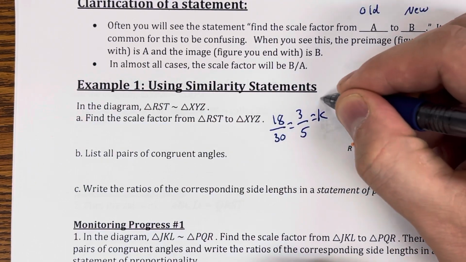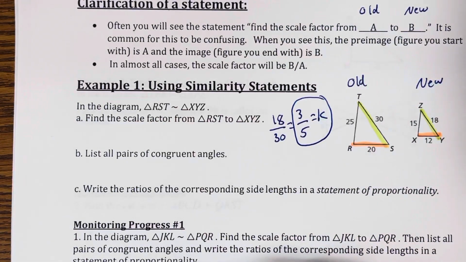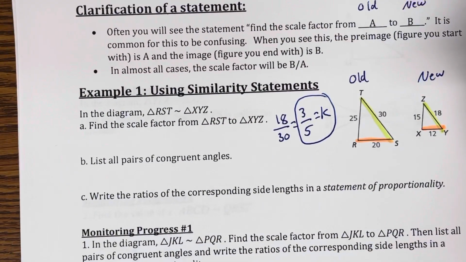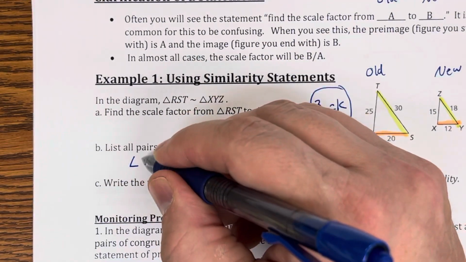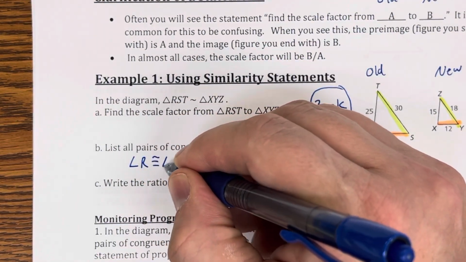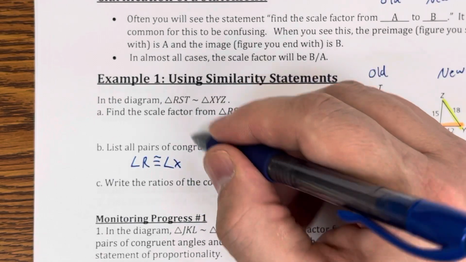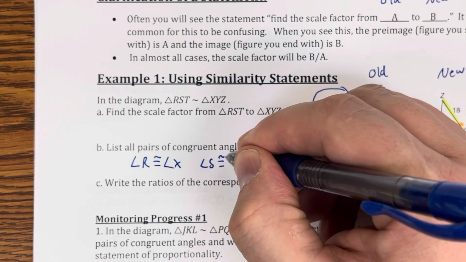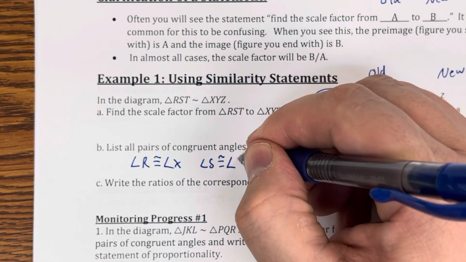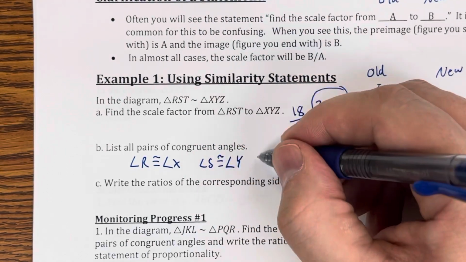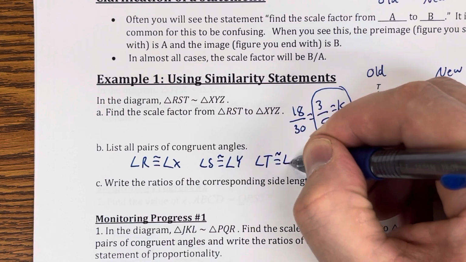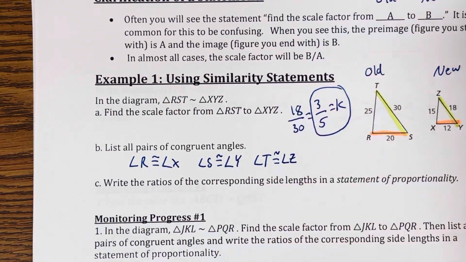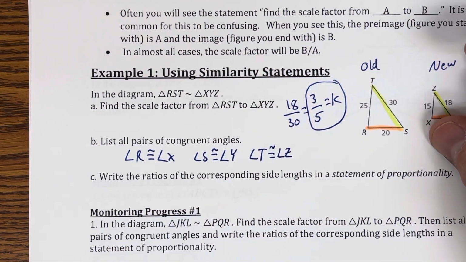That is K. We found the scale factor. Now to list the corresponding angles that are congruent. R corresponds with X, so angle R is congruent to angle X. Angle S is congruent to angle Y, and angle T is congruent to angle Z. All right, so that's how we find the corresponding angles.